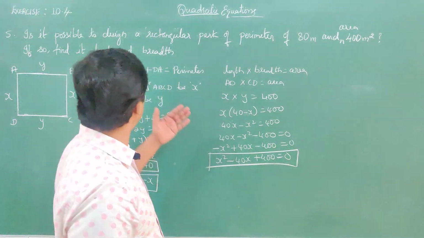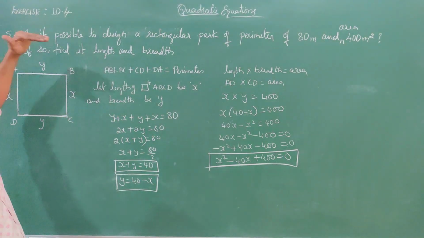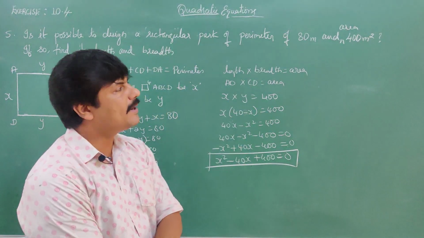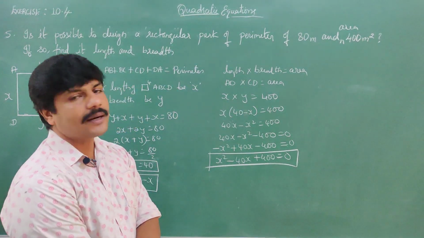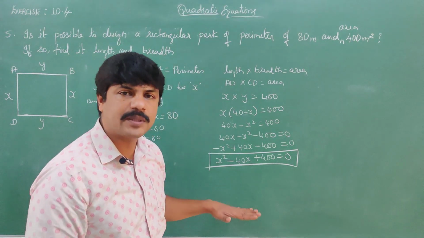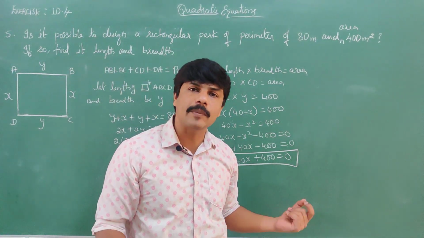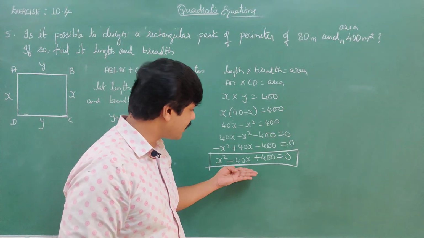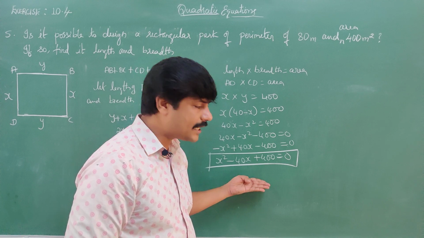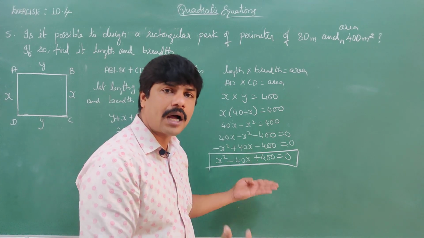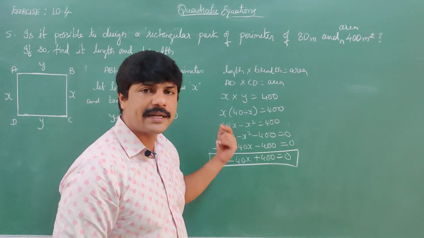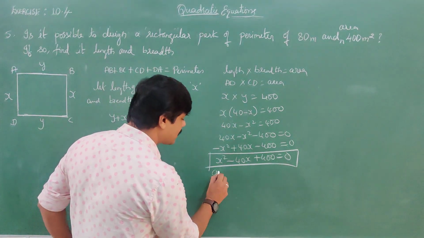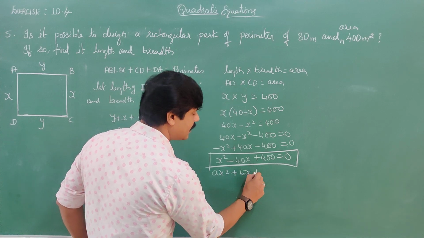So it is asked, is it possible to design a rectangular park of perimeter 80 meter and area 400 meter square? Is it possible? Possible or not is determined by the discriminant. X square minus 40X plus 400 is a quadratic equation. Whether roots are real or not is determined by B square minus 4AC, the discriminant. Compare this equation with the standard equation AX square plus BX plus C is equal to 0.